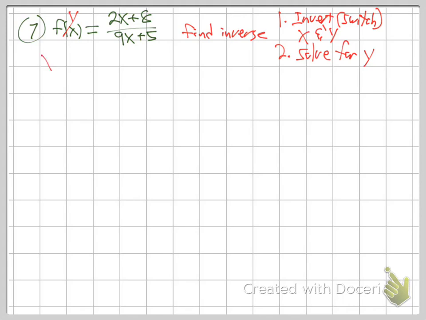So step 1, this becomes x. And those guys both become y, right? x comes on the outside, both those guys become y. Switched x and y. Now solve for y. How do we solve that for y?